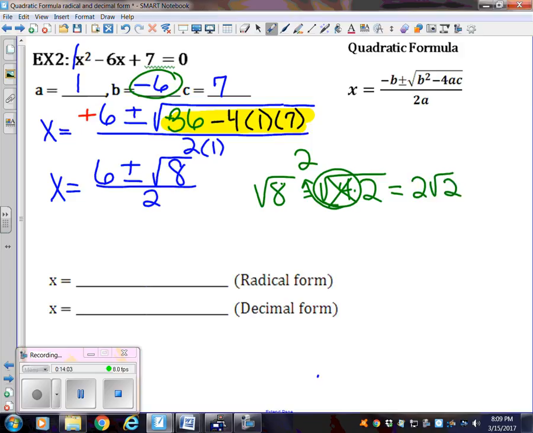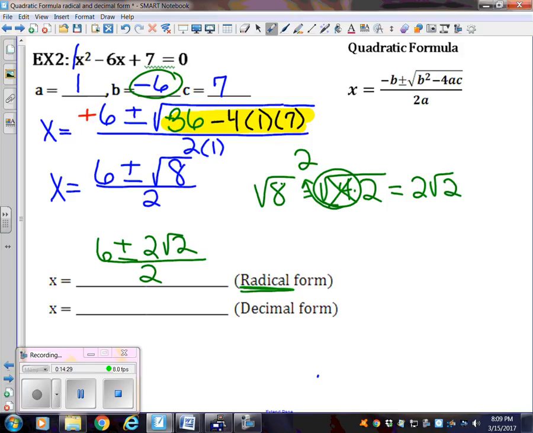That's all I want you to do with this one, because notice that I have asked you to give me the answer in radical form. That means that all I want you to do is simplify what's underneath the square root, and then simplify the square root and leave it like that. So I'm going to have 6 plus or minus the square root of 8, which is the same thing as 2 square root of 2, and then I'm going to put it over 2.